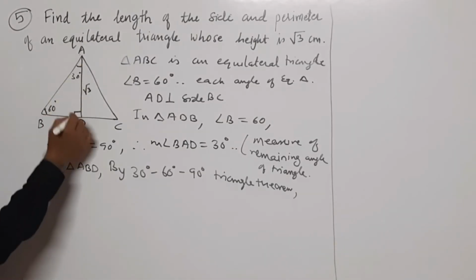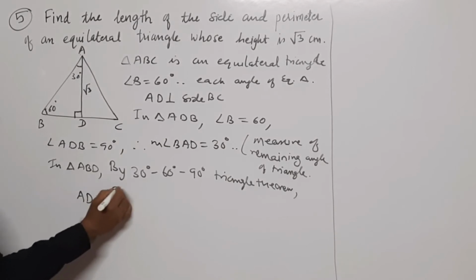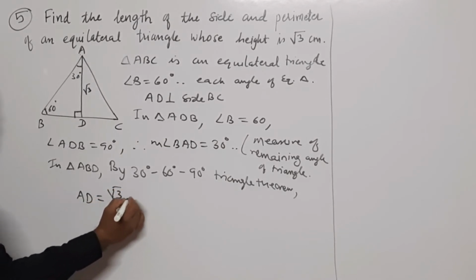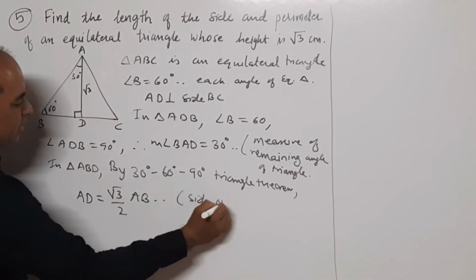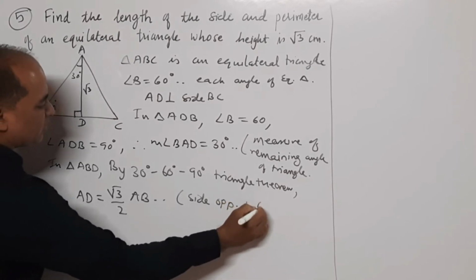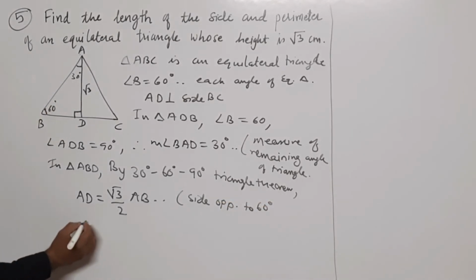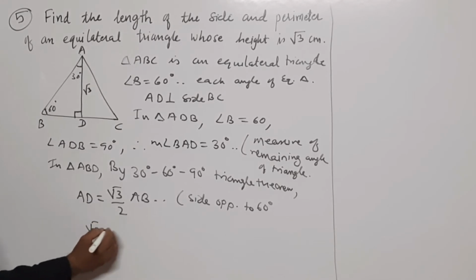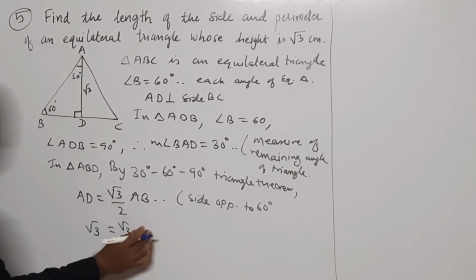The side opposite to 60 degrees, that is AD, is equal to root 3 upon 2 times the length of the hypotenuse, that is side AB. Now AD is given, root 3 is equal to root 3 upon 2 into AB.